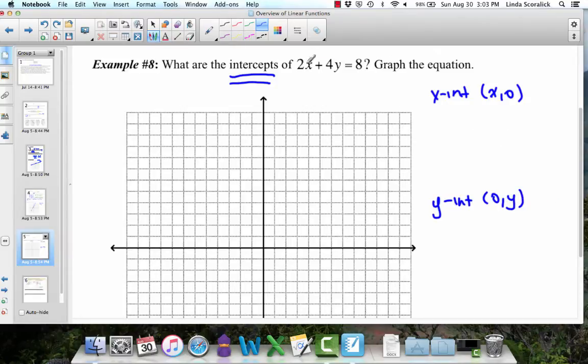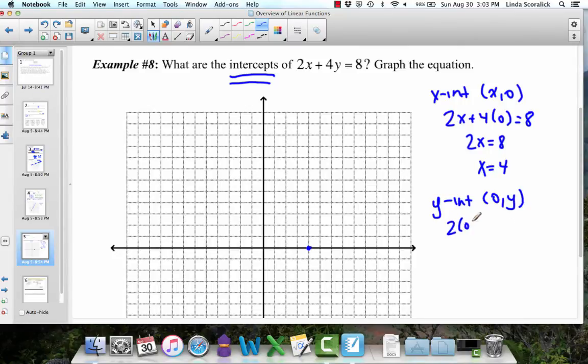That's going to help us out when we're given a linear equation in standard form. If we're trying to find an x-intercept, let's replace the variable y with 0, because we know that coordinate would be 0. That would leave us with 2x equals 8, and we would know that x equals 4. That means the graph crosses the x-axis at the value 4.